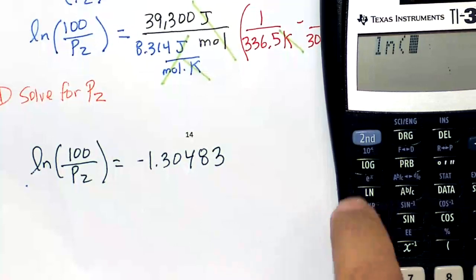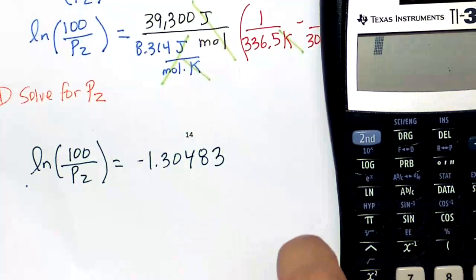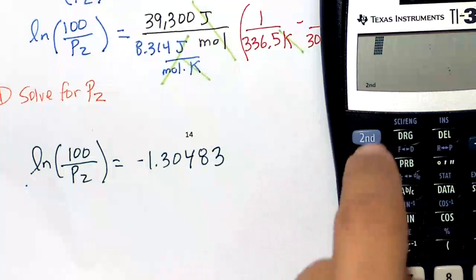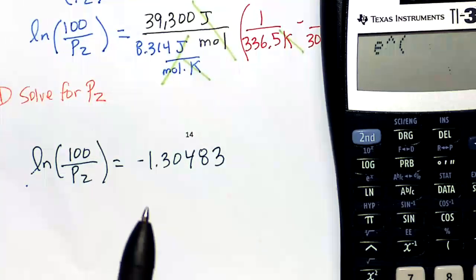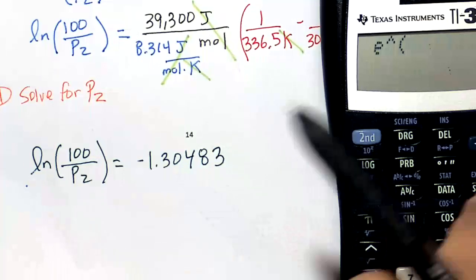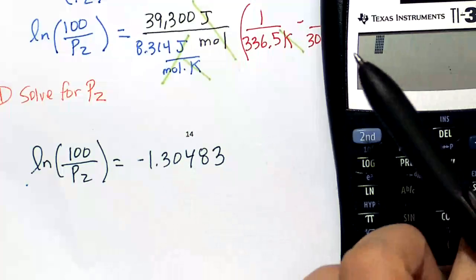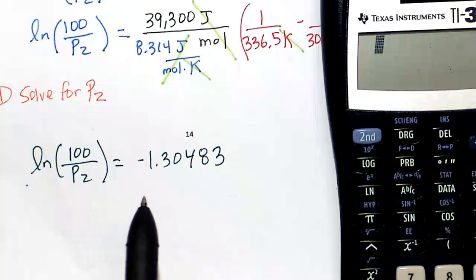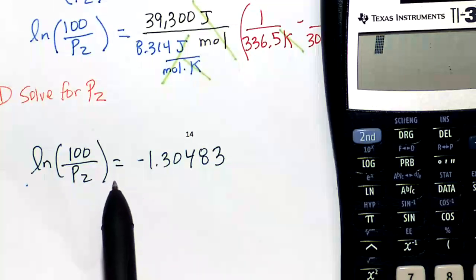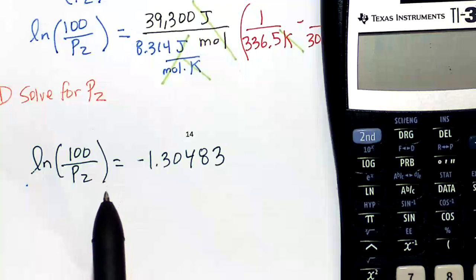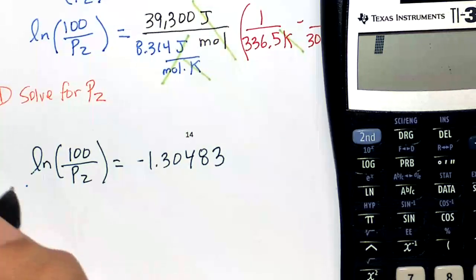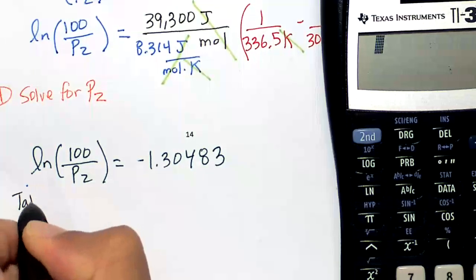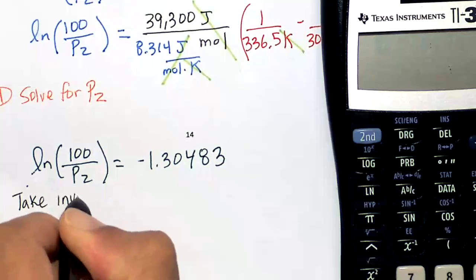It's called E. So here's natural log, but to get rid of that natural log, we do the inverse. It's kind of like yin and yang, they are opposites. To get one, we have to invert the other.